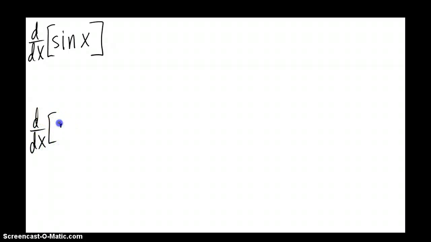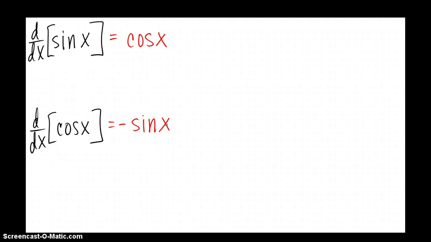Okay, the last two rules are your trig derivatives: the derivative with respect to x of the sine of x, and the derivative with respect to x of cosine of x. So your homework tonight is to prove these two derivative rules. The derivative of the sine function is the cosine function. The derivative of the cosine of x is negative sine of x.